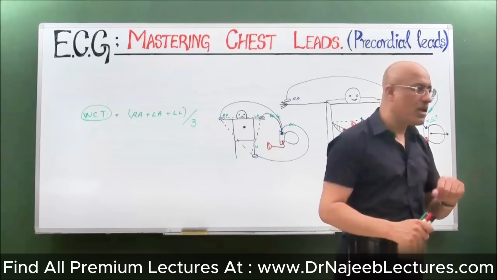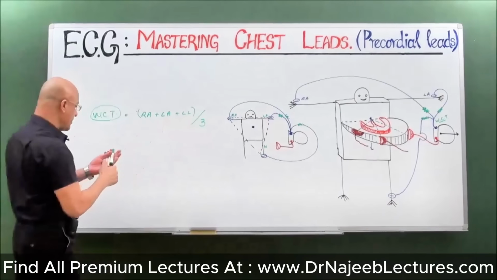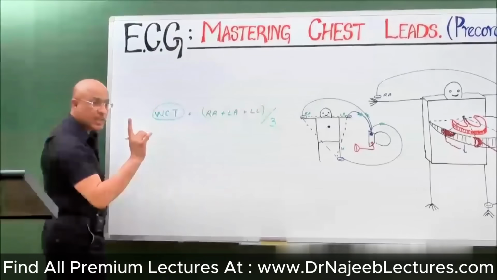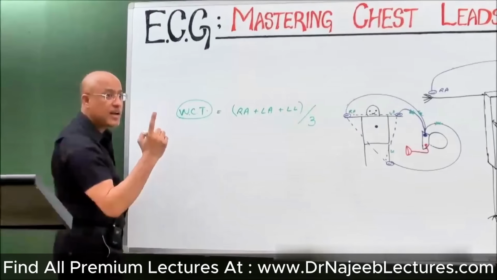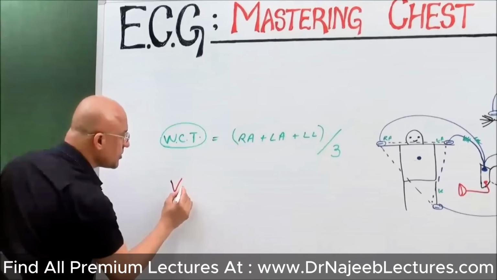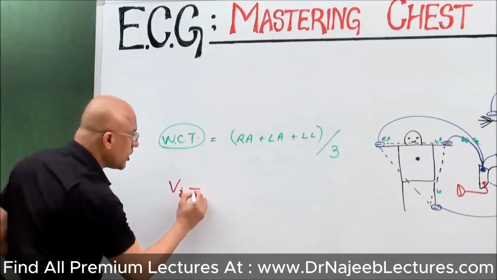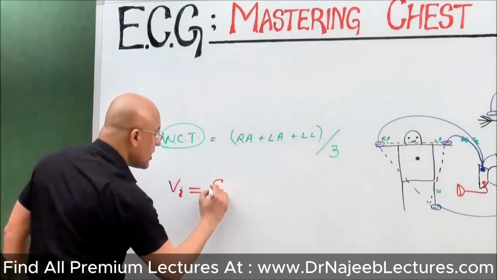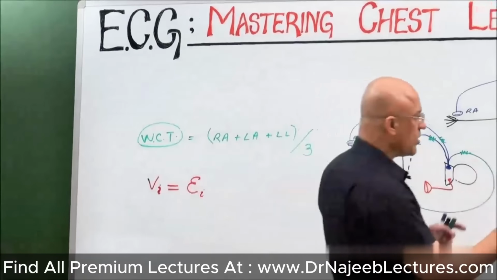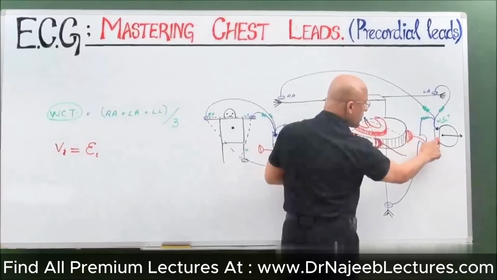It's done. After this, now I will tell you exactly what is the potential determined by a chest lead. The voltage which is determined by any given chest lead is equal to the potential by the exploring electrode. Now listen, there is a potential determined by the exploring electrode.